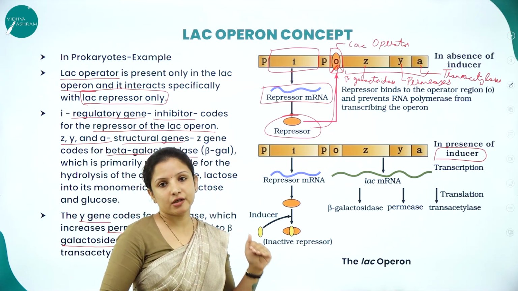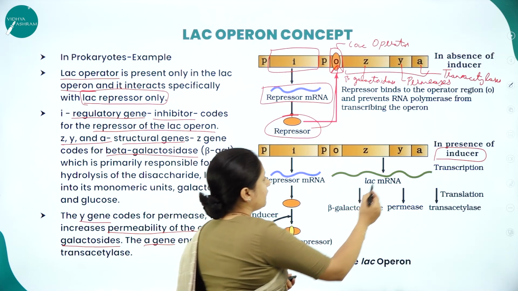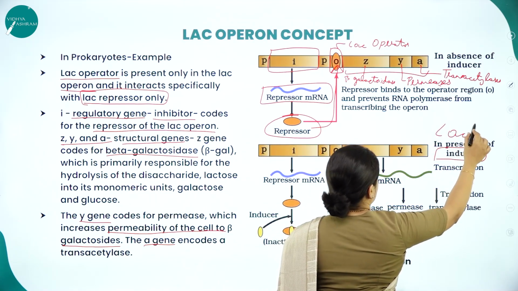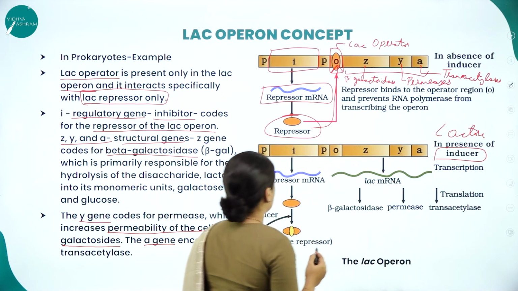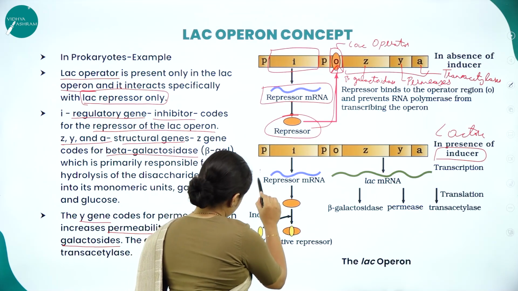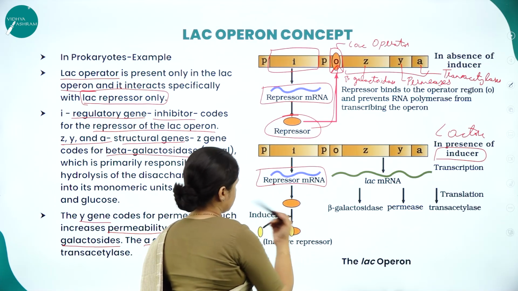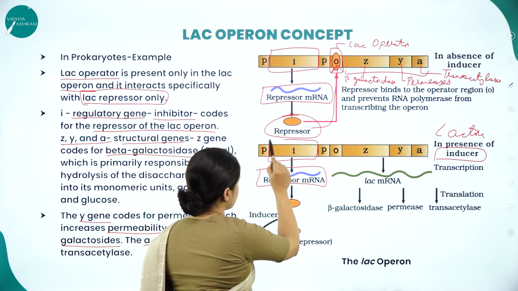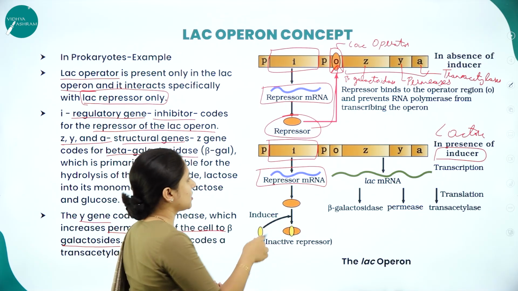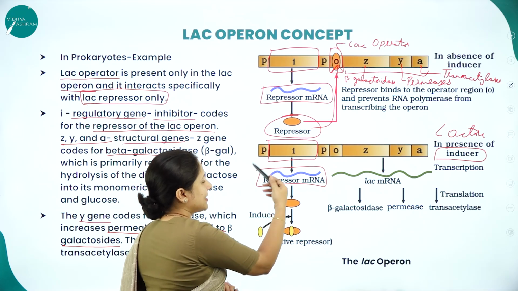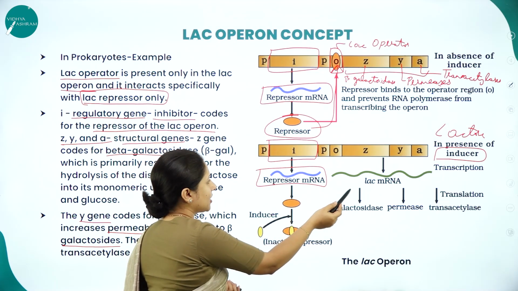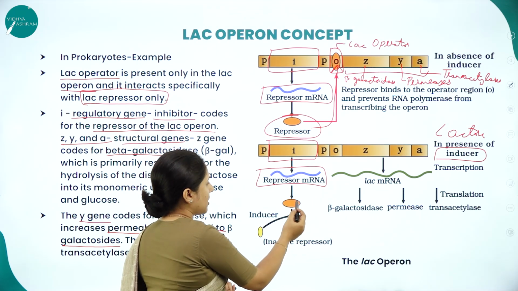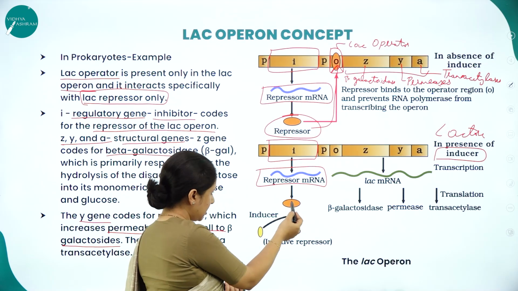Same here. Now, if the inducer is present, that is, if lactose is present, what happens? The repressor mRNA will do its function. It has to, because the function of this region is to produce the repressor protein. So transcription will happen, the repressor mRNA will get formed, and that repressor mRNA will produce a repressor protein.